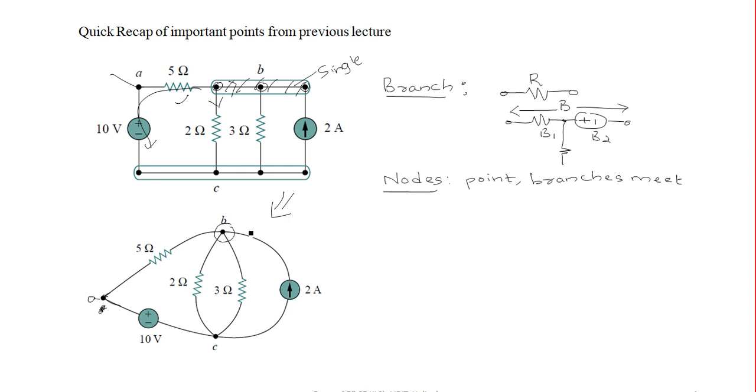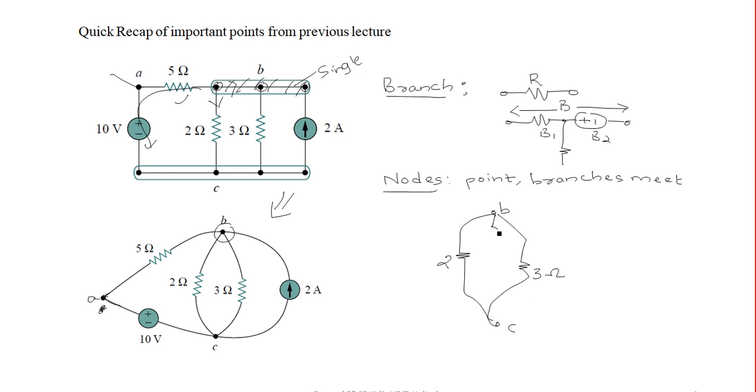Or even if I neglect this node A, I may come out with another figure, where I can call this B and point C only. In between them, we have a 2 ohm resistor, and here we have a 3 ohm resistor.